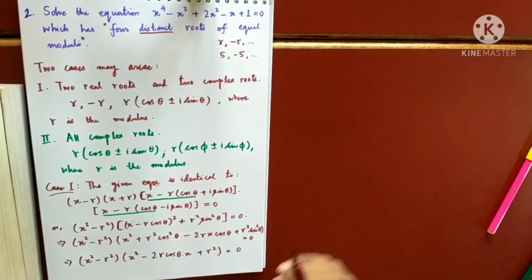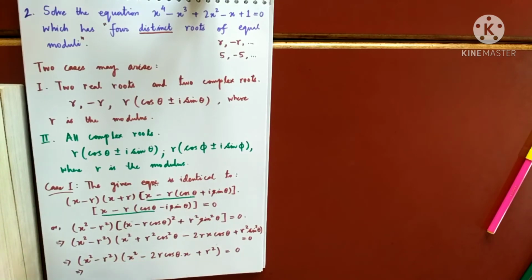So let's multiply them. x square with x square, x to the power 4, right? And x square with this will become minus 2r cos theta x cube. Good enough. Then x square with r square, r square x square.